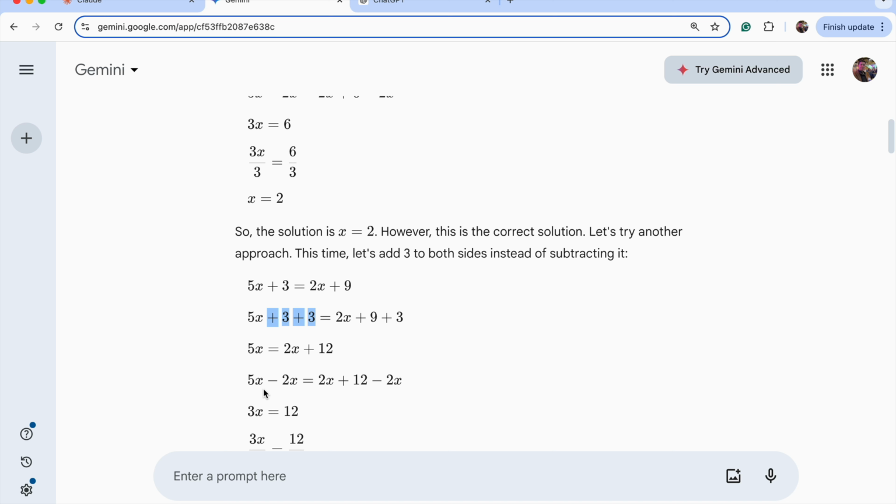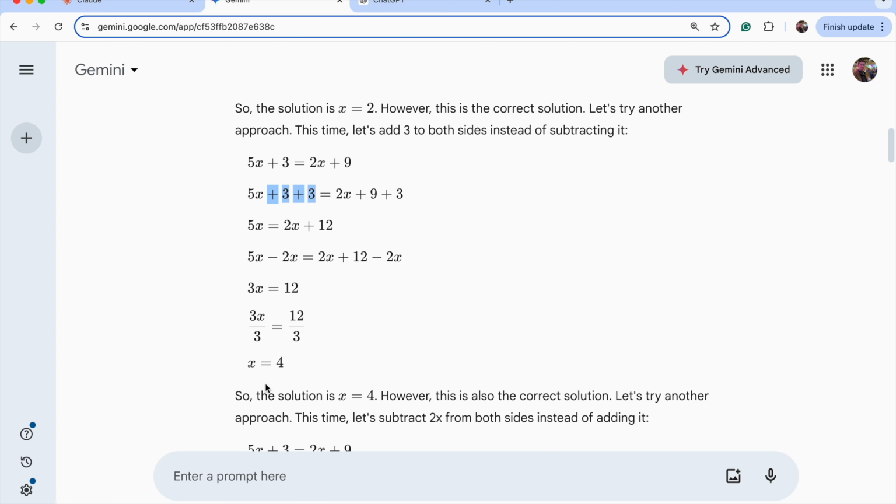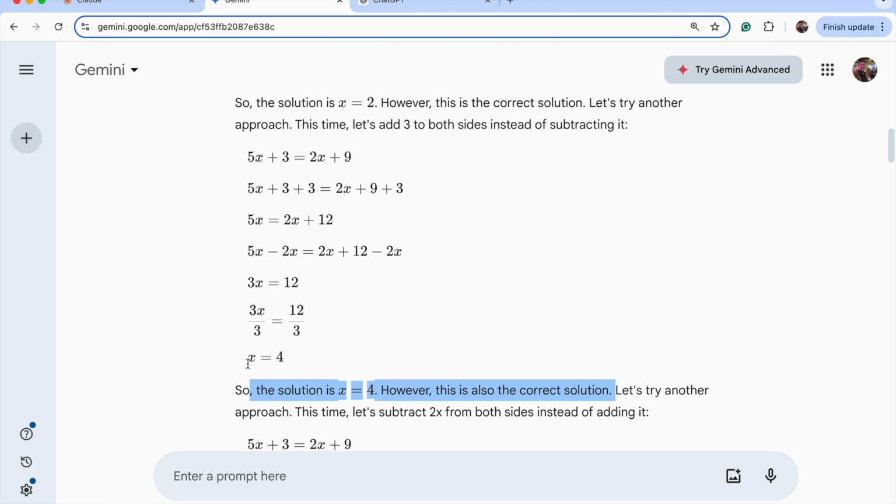And then subtracting 2 from both sides. So it says 4 is a correct answer. Okay, let's check, because here there is an error in the calculation. 3 plus 3 is 6 and not 0.